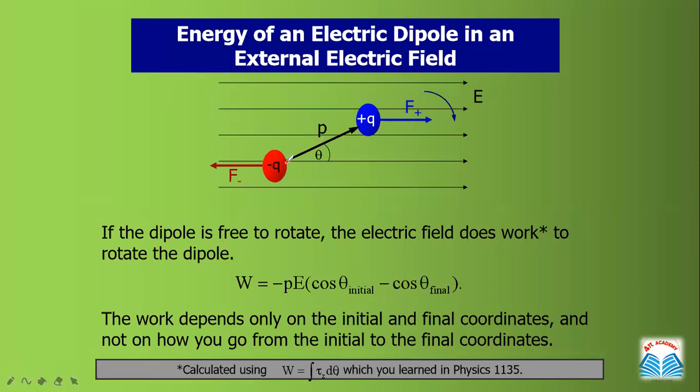You can see that this dipole is inclined to the electric field by the angle theta. If we want to align this dipole symmetrically on this line, we will have the dipole in this orientation at last.